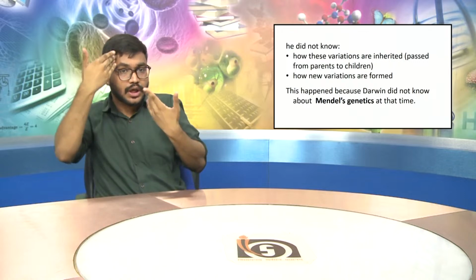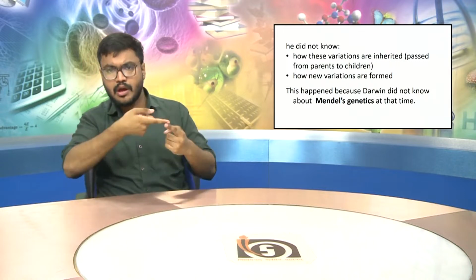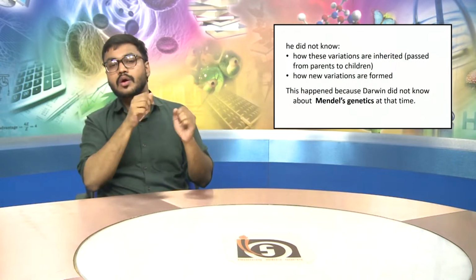This happened because Darwin did not know about Mendel's genetics at that time.